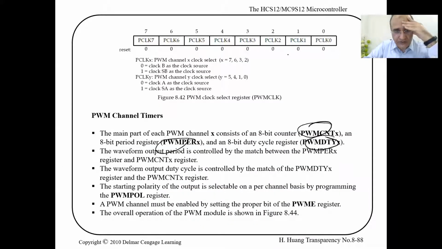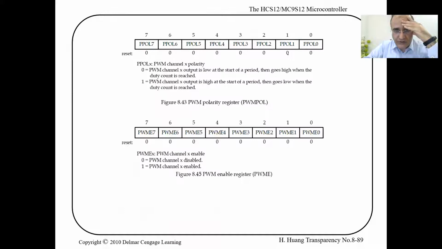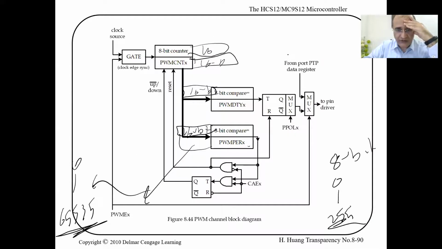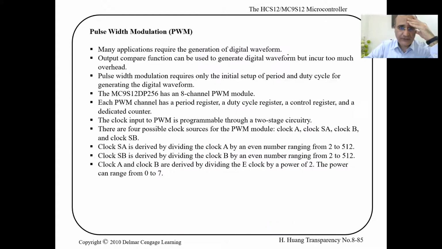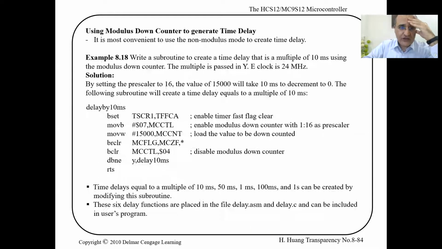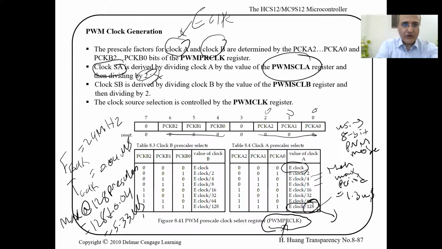I think it's 8-bit, so you can write 255 in it, times 2 at maximum. So you can use clock sub A to slow down further. Or we can also concatenate 8 bits and make the count go to 65,000 instead of 255.